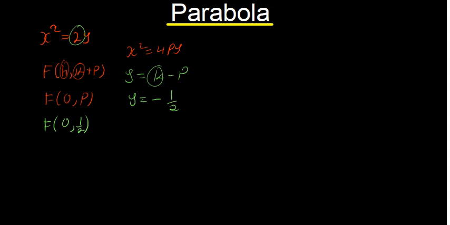Let's sketch this. It even makes it a whole lot easier, because we have already determined the important parts of the parabola, which are the focus as well as the directrix. So remember, we are told that the vertex is at the origin. So we are going to have our vertex at that point, something like that.